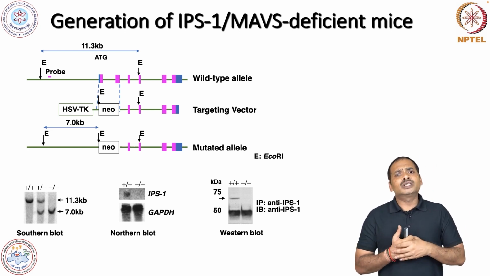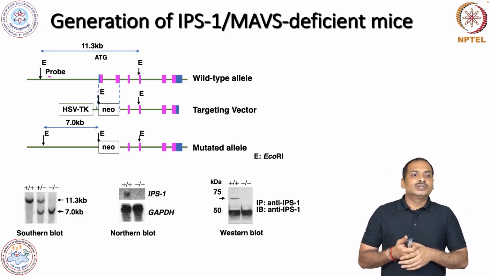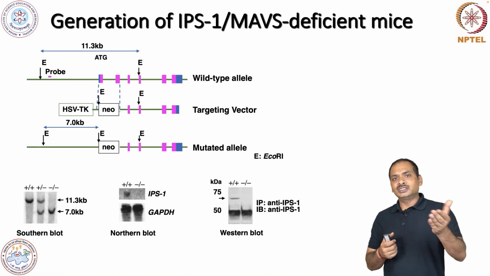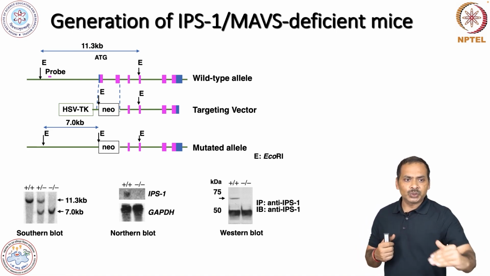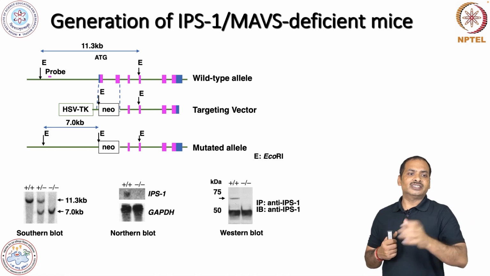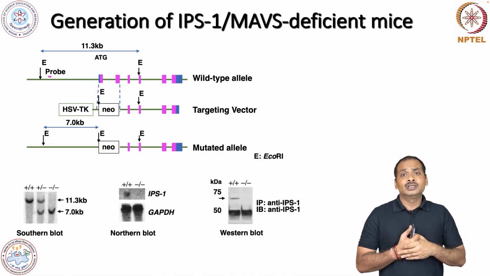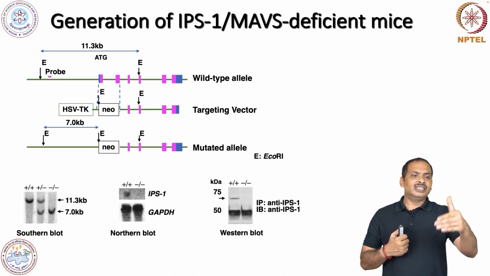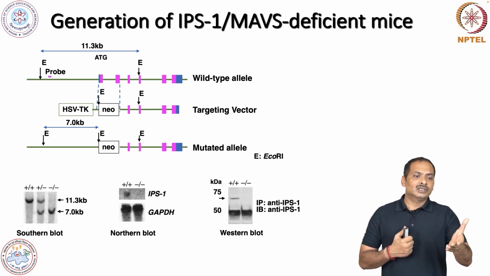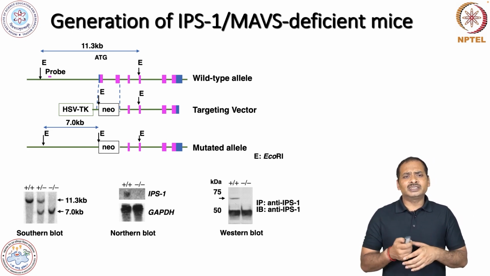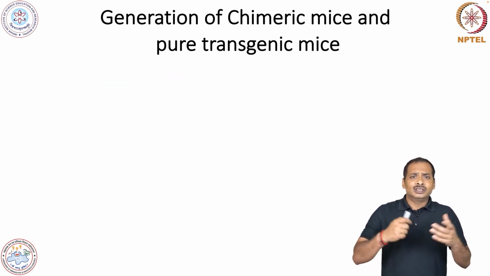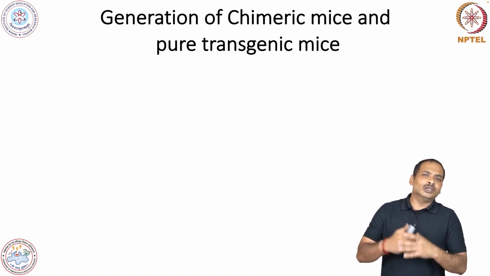Another way is that you can do the Southern blot. In Southern blot, you can see there is a probe, and if your allele is mutant, then you will get this 7 kilobase pair fragment, which you can visualize on the Southern blot. After all this, we move to the cellular work.